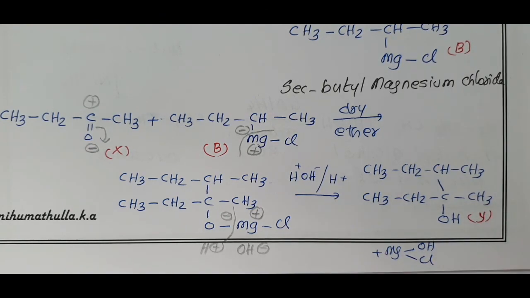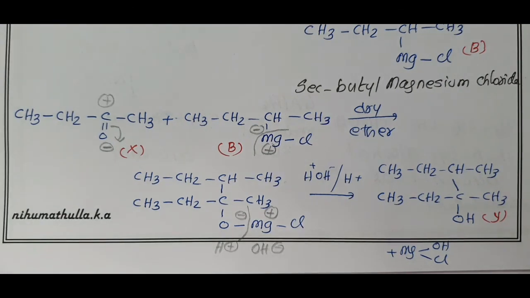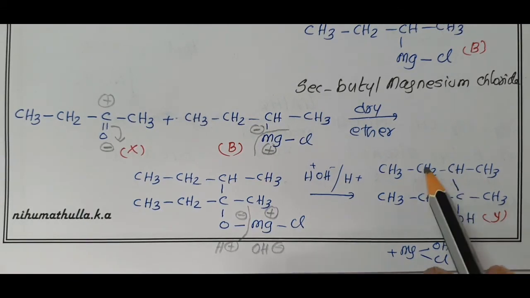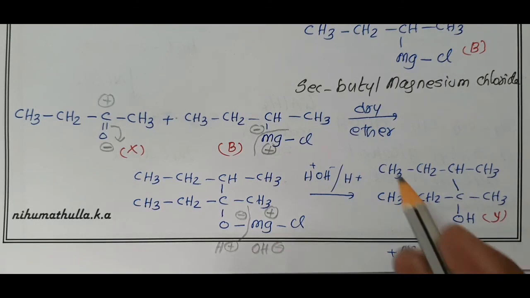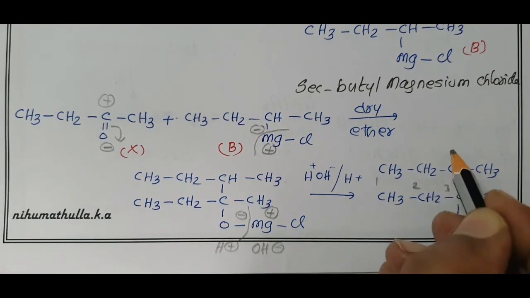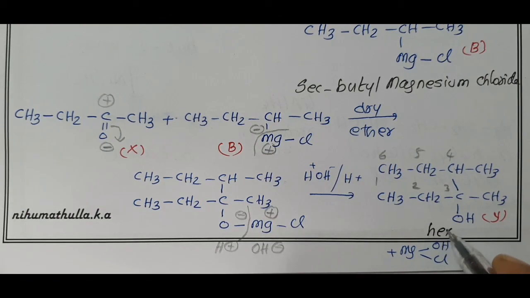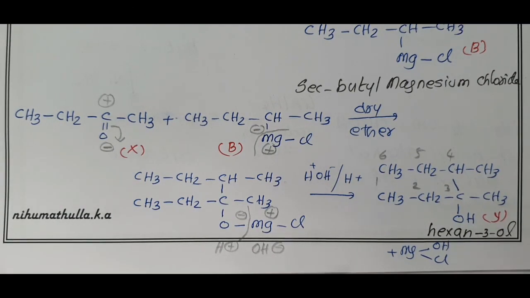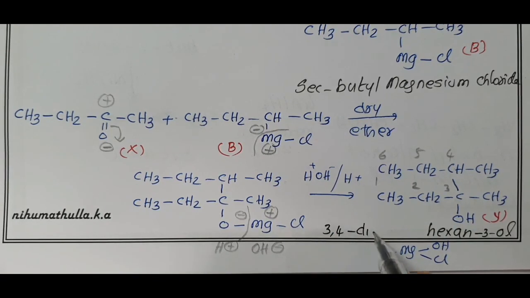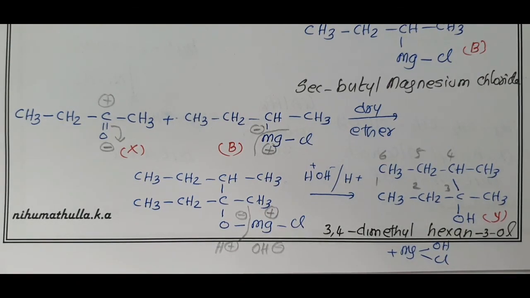Now I give the numbering 1, 2, 3, 4. We have to select the main chain. The longest chain has 6 carbon atoms, root word hex, carbon single bond, with the OH at position 3. In the third and fourth carbon atoms, we have two methyl groups. 3,4-dimethylhexan-3-ol is the IUPAC name of the product.